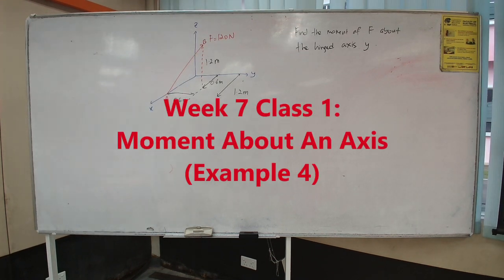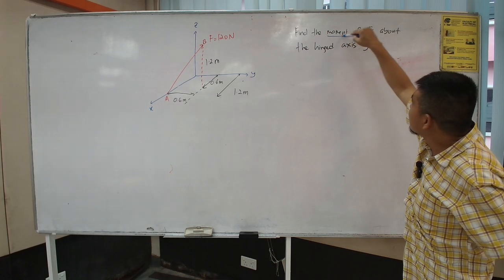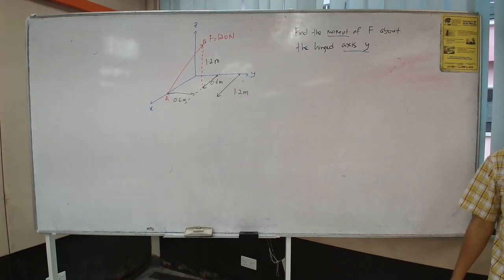So this is our last example for the moment about an axis. Find the moment of F about the hinge axis Y. So you look at this one, automatically you look at these keywords: moment, axis.